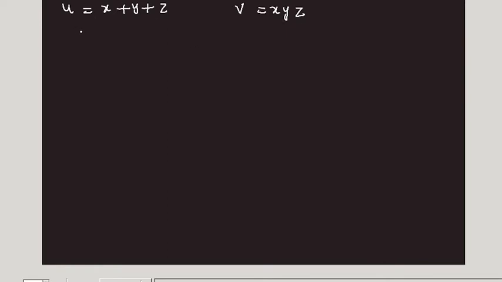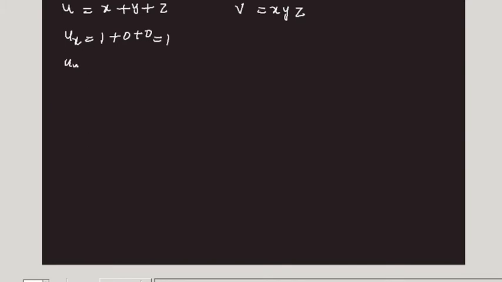First we learn the basic concept. So here I am differentiating u with respect to x partially. I must differentiate only x. So x is 1 plus y differentiation 0 plus z differentiation is 0. Understand this one?